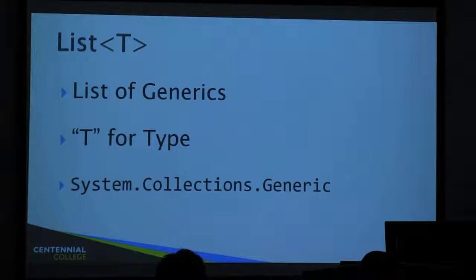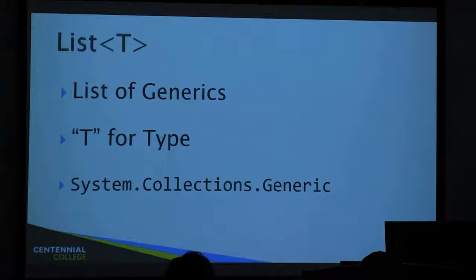List here is a generic because we can create a list of any type. That's where generic comes from. T is for type, so you have to define the type of the items inside your list.